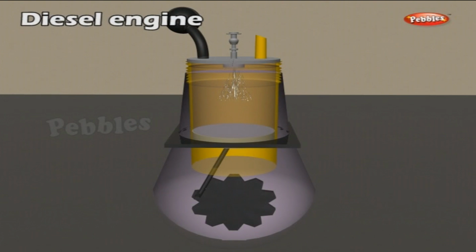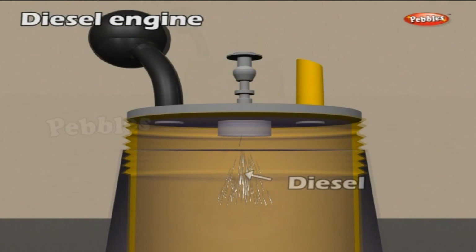Working stroke. Just on completion of the compression stroke, the sprayer sprays a proper amount of fuel, that is, diesel. Due to the huge temperature of the air inside, the diesel catches fire and huge pressure is produced inside. The temperature is also raised considerably.